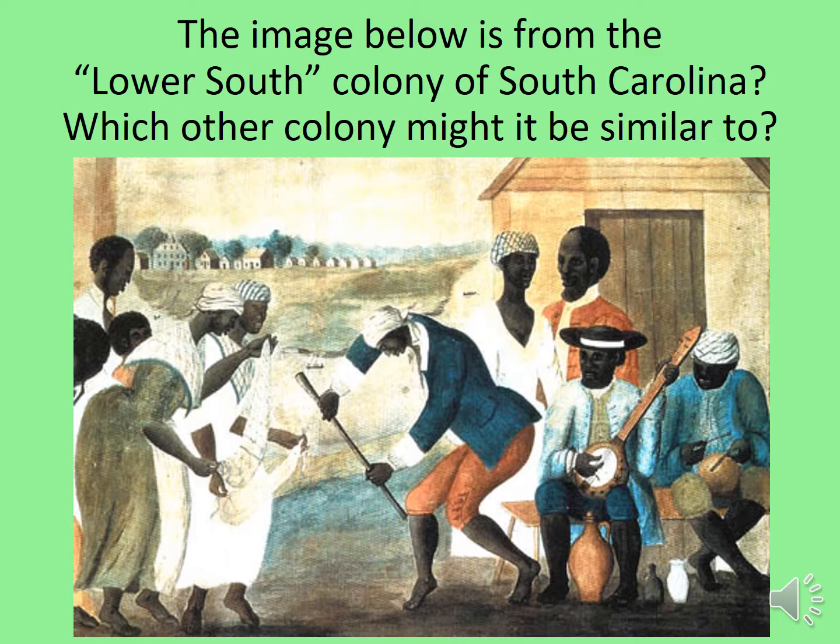So when we talk about the lower South, though, we're going to harken back to what we were talking about when we talked about Virginia. So Virginia, again, is a southern colony. It's all about growing cash crops, and so you're going to have a lot of the same kinds of economic activity there that you have in Virginia.